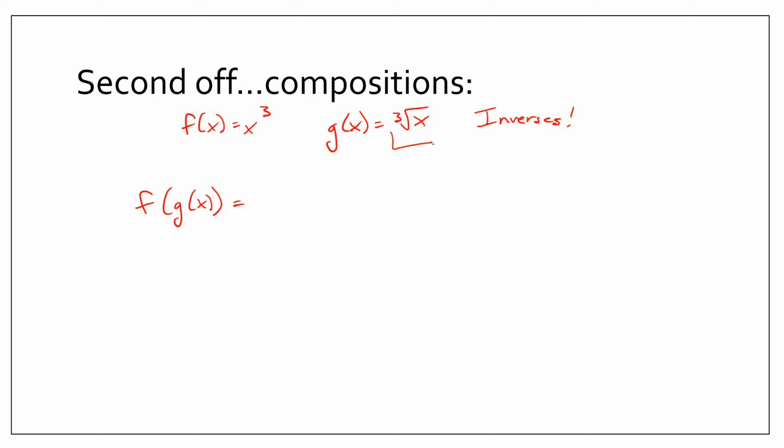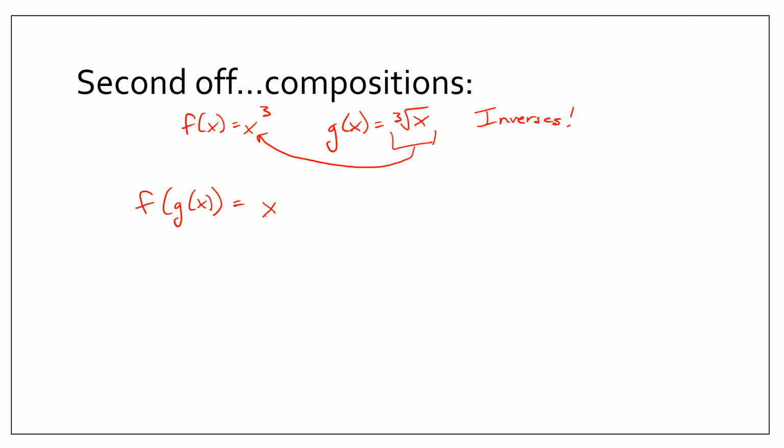So there's something else I can do with inverse functions. That is make compositions of each other. So I have f of x equals x cubed. I have g of x equals the cube root of x. I know that these are inverses because their domain and ranges are flipped. Let's see what happens if I take f of g of x. Remember, this means I'm taking g of x and I'm sticking it into f of x.